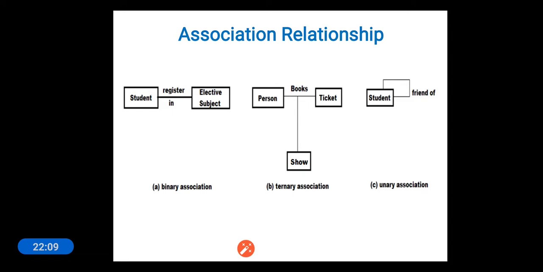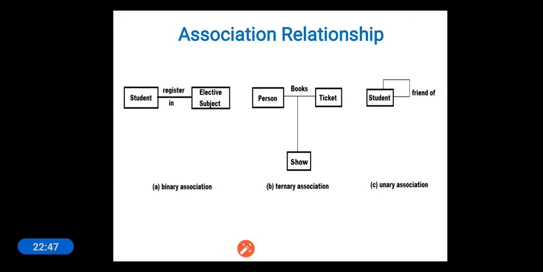Next comes binary association. Let us consider we have two classes. One is a student class and the other one is an elective subject class. Obviously a student will register for an elective subject. When this student class is associated with the elective subject, the elective subject will know certain details of the student, like the student name and roll number. So certain properties of the student are now known to the elective subject object.